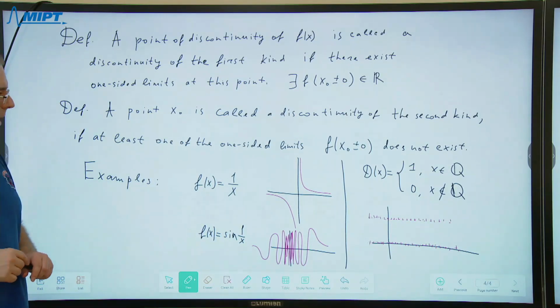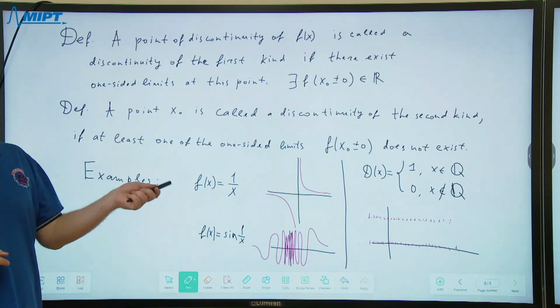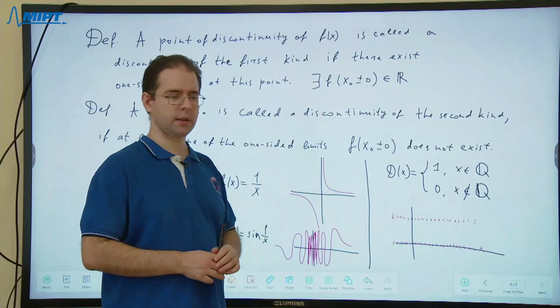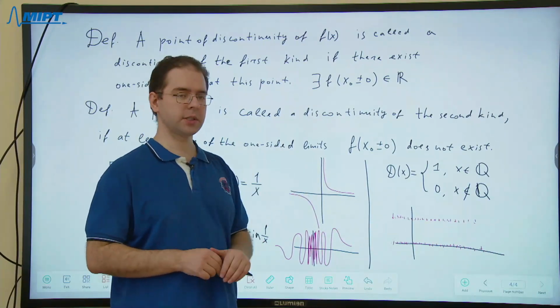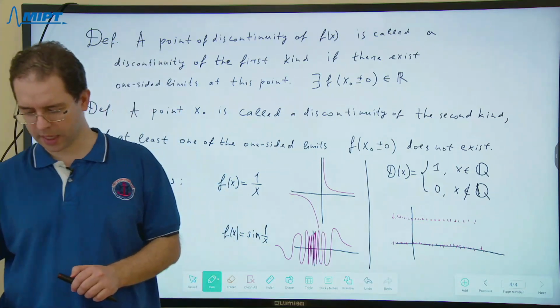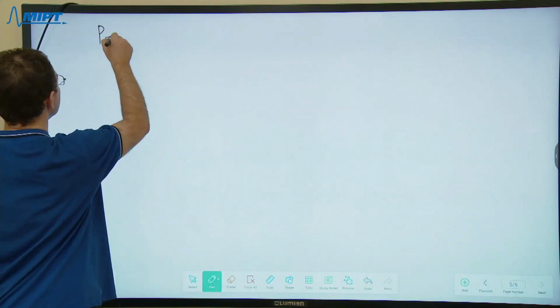The interesting part about this function is that it is discontinuous at every point. Unlike those functions that we are familiar with, this function is discontinuous at every point, which is kind of interesting.